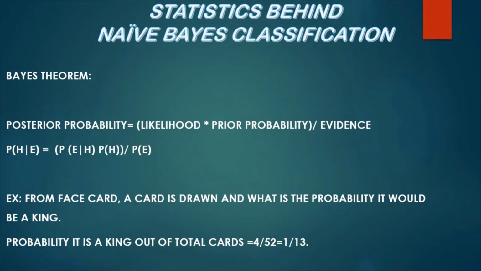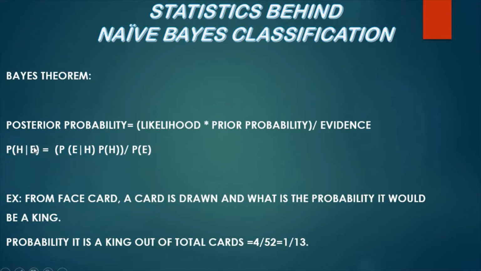In this, posterior probability is equal to likelihood multiplied by prior probability divided by evidence. If we see this equation in a simplified manner, it says the probability of occurrence of a hypothesis if evidence is provided.